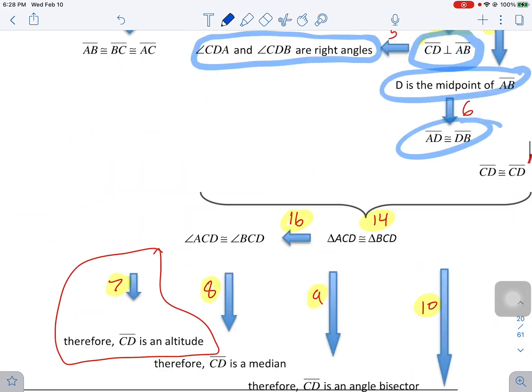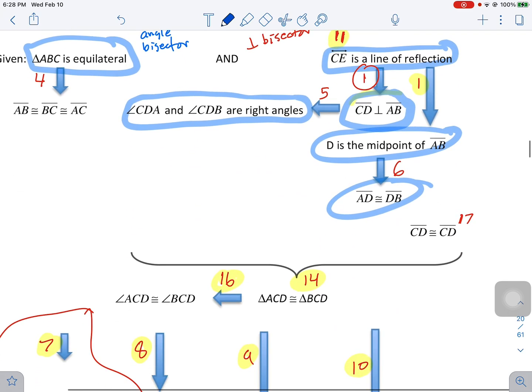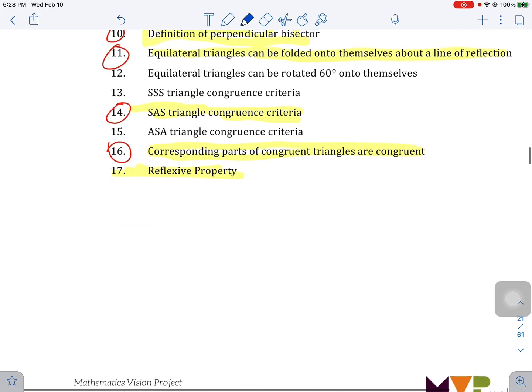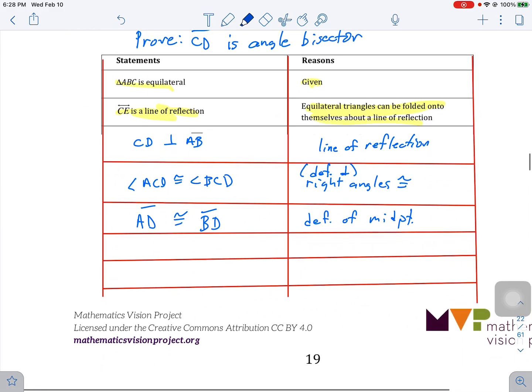Okay, so now we've got these segments, side, angle, and then we can also say CD is congruent to itself, and that is right here, and that's the reflexive property.